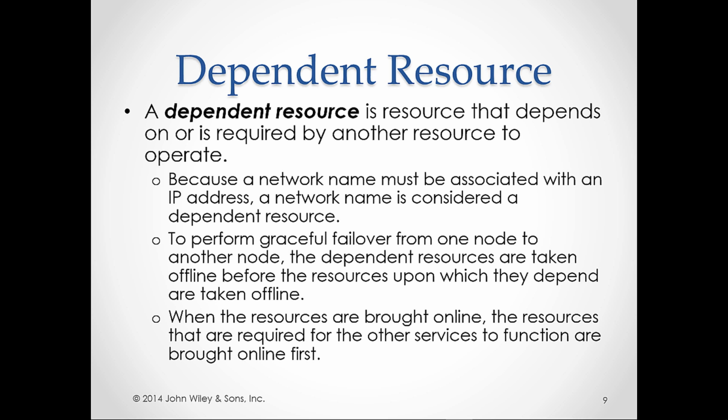To perform a graceful failover from one node to another node, the dependent resources are taken offline before the resources upon which they depend are taken offline. When the resources are brought online, the resources that are required for the other services to function are brought online first. Again, when we're talking a failover state, this is happening fairly fast.